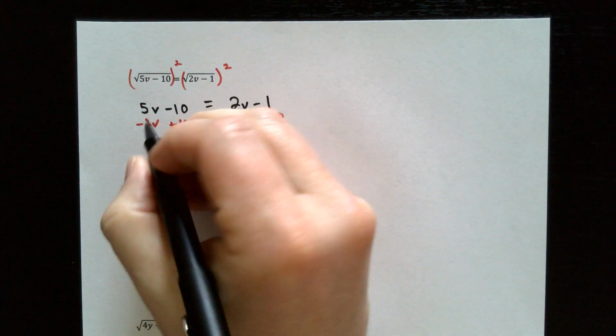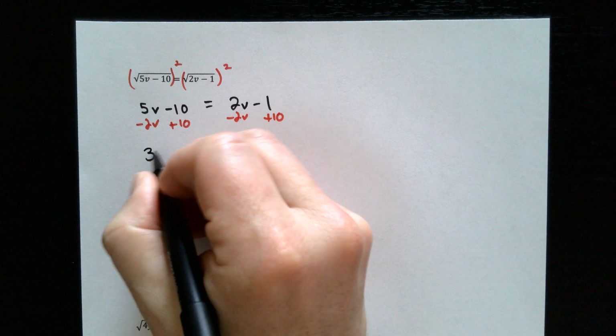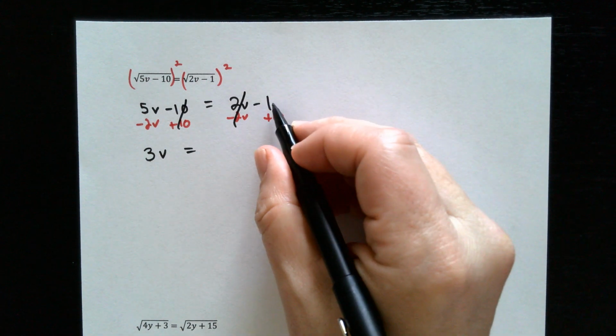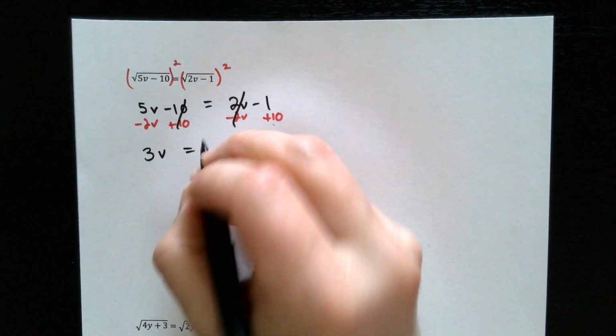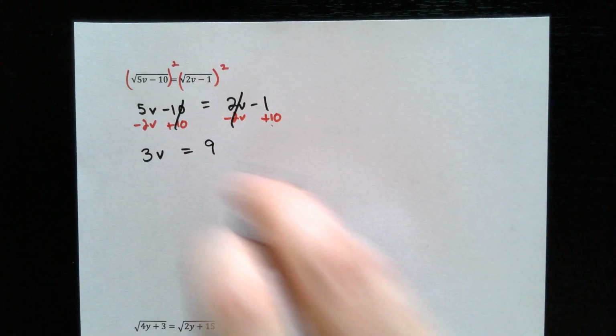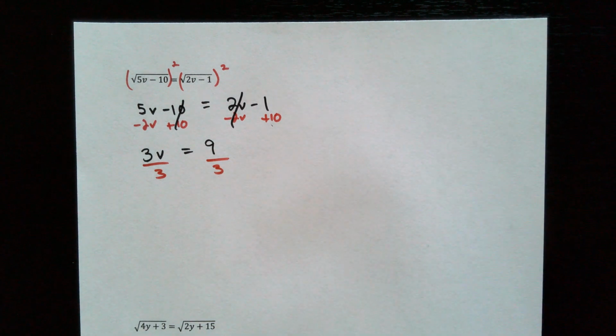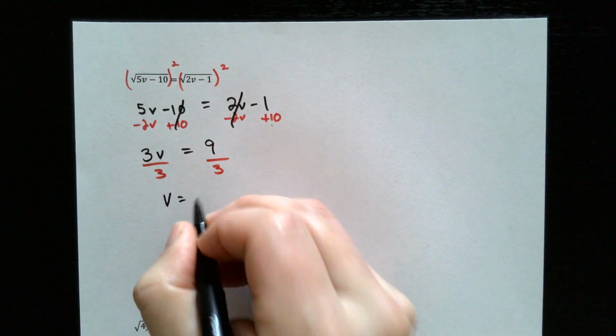Okay, so 5 minus 2, that's 3, so 3v. That one cancels. That one cancels. And then 10 minus 1 is 9. So if we divide both sides by 3, okay, that will give us v is equal to 3.